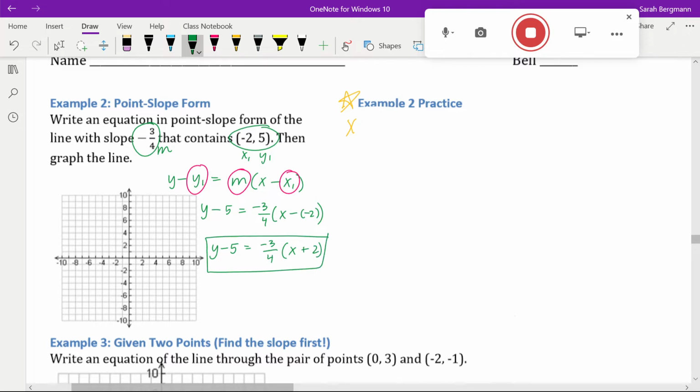Now to graph the line, I'll start at the point that I know that it must contain, negative 2, 5. Place a point at negative 2, 5. And I know the slope is negative 3 over 4. That means I need to go down 3 over 4.